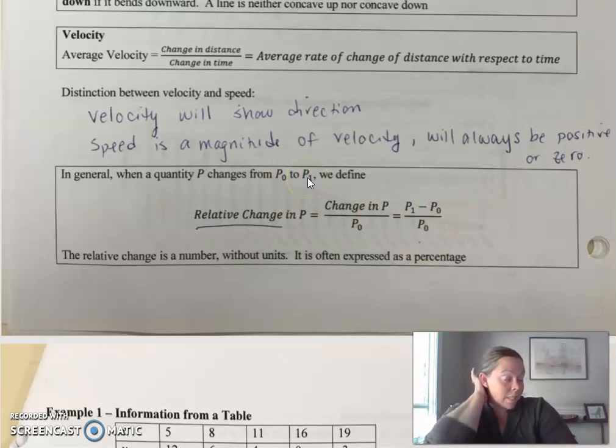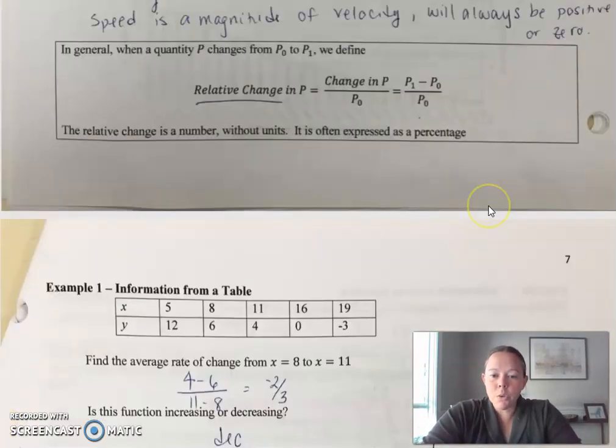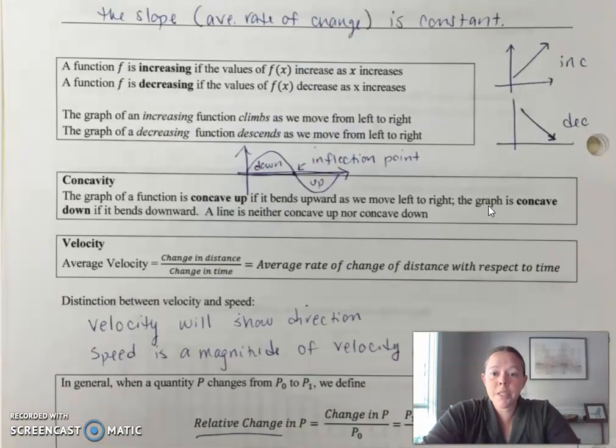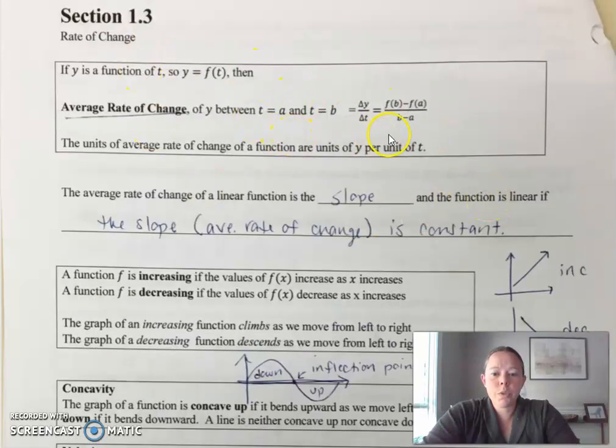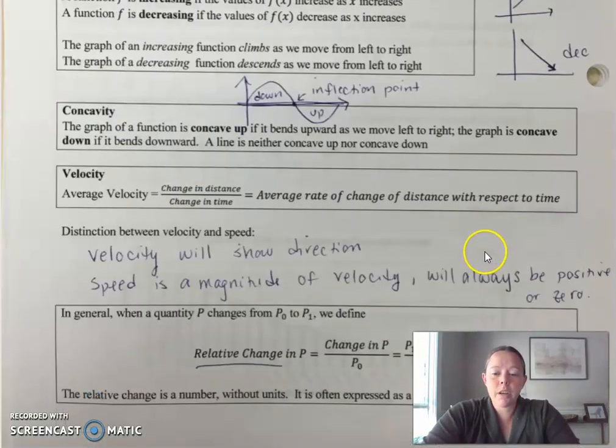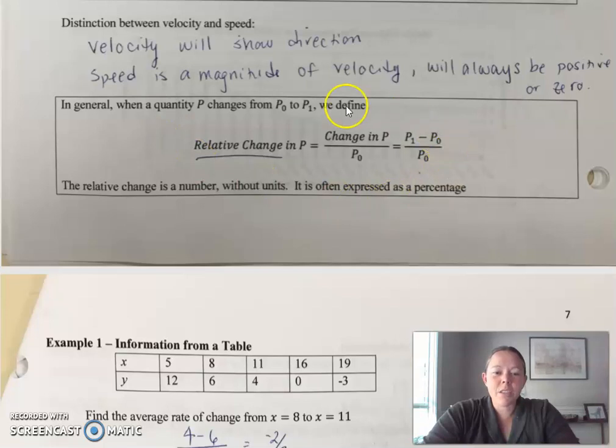You'll say it decreases. And then, of course, if it goes up, it's a positive percent change, right? So those are the big concepts. Nothing really new. Still doing slope, increasing, decreasing, concavity. Velocity is average rate of change. And I guess the only thing that changed is the name: relative change is percent change.